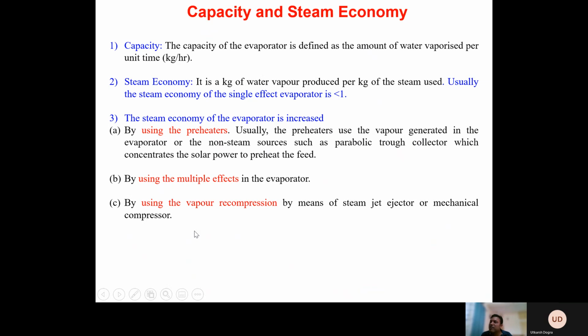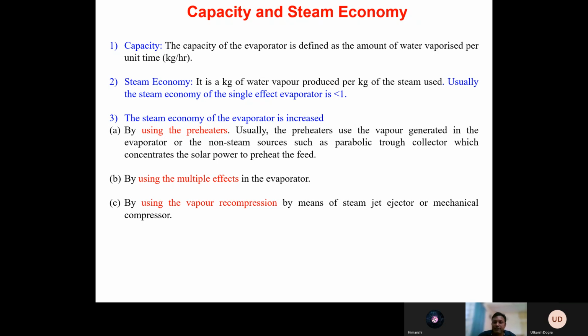In vapor recompression, the vapor coming out from the evaporator itself is compressed, and by compressing it, its enthalpy is increased. With the increase in the enthalpy and the boiling point temperature, the same vapor can be used as steam. So unlike the multiple effect evaporator where multiple units are used one after another, in vapor recompression we use only a single unit, but the vapor coming out from the evaporator itself is compressed so that it can become steam.